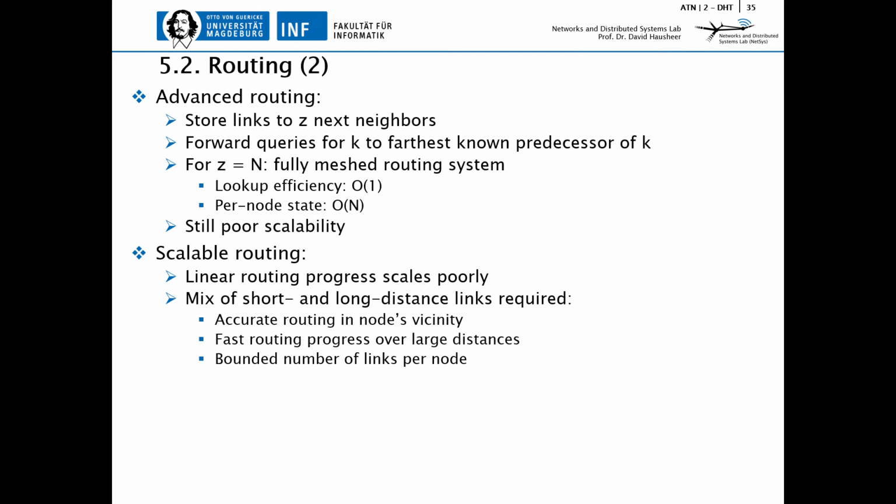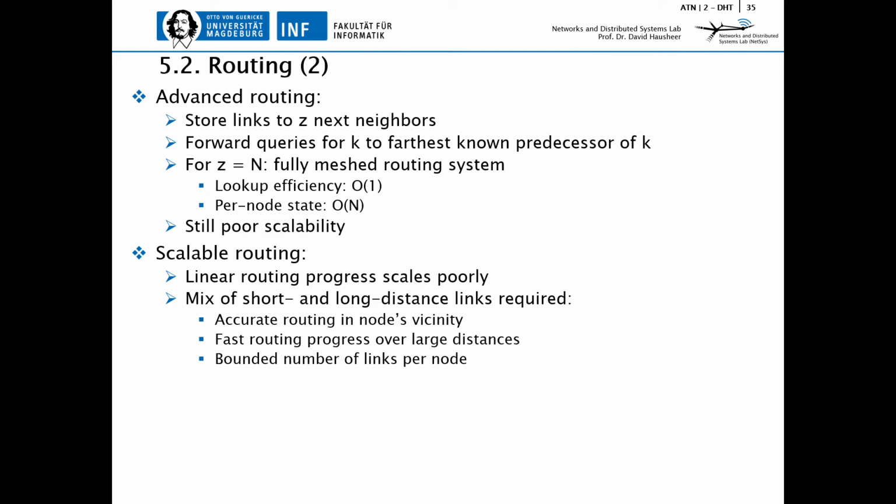A more scalable routing is, as we just saw, because linear routing scales poorly, with a mixture of short and long distance links, so that we can accurately route whenever we get to a node's vicinity, but at the same time also have fast progress over large distances, so that we very quickly get into the node's vicinity, where the queries can then be routed more accurately.